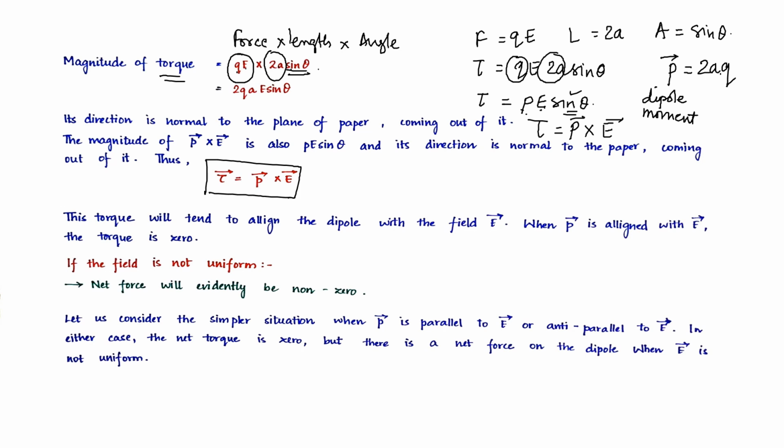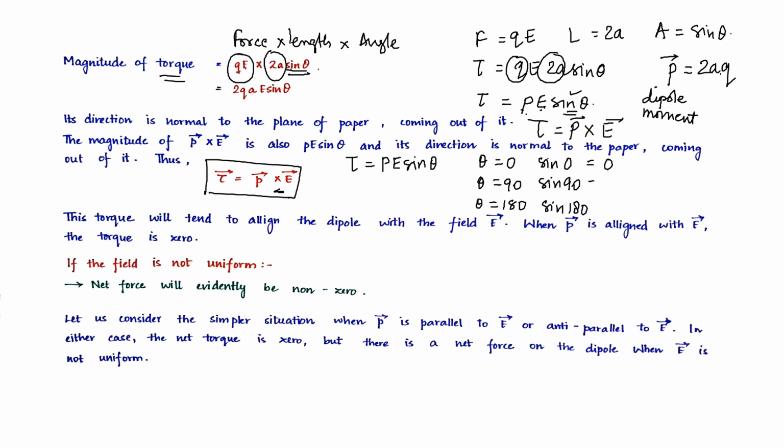Now, as I have said, from this formula we will understand how the orientation is important. Tau equals PE sin theta. Let us take theta equals 0, theta equals 90, theta equals 180. What is the value of sin 0, sin 90 and sin 180?